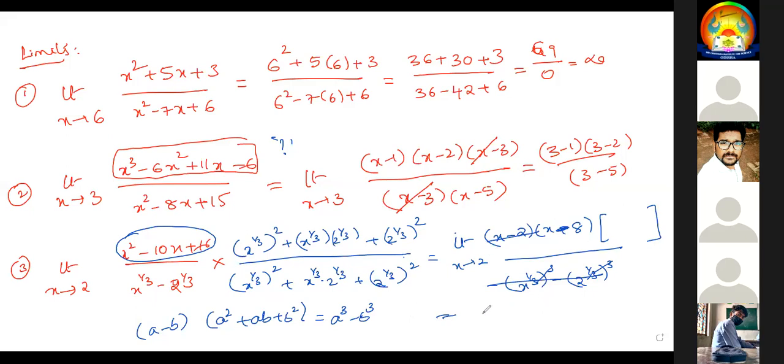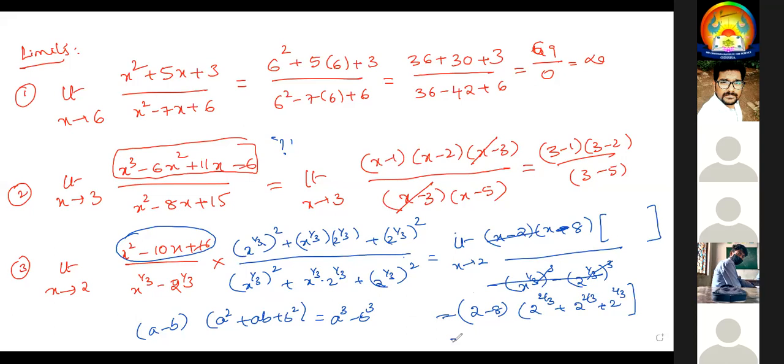Now put x equal to 2: 2 minus 8 by 2 power 2 by 3 plus 2 power 2 by 3 plus 2 power 2 by 3, that is minus 6 into 3 into 2 power 2 by 3.